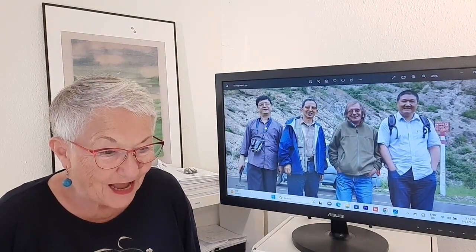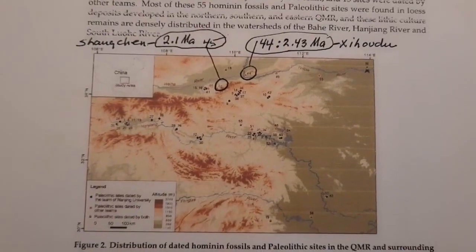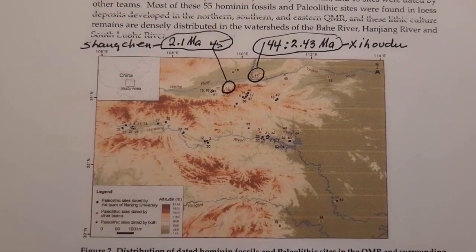But now they are the earliest no more, because the stone tools found in Shihodu, not far from Shangcheng, have been dated also with the cosmogenic method to be 2.43 million years old.